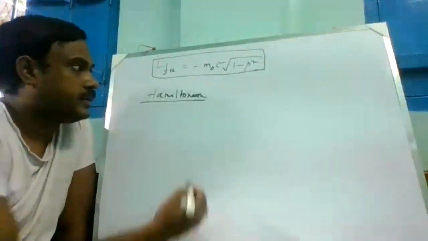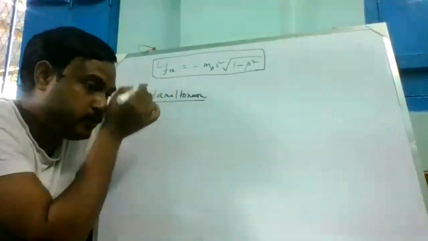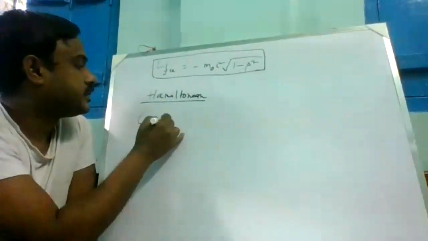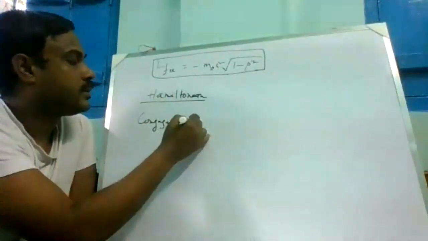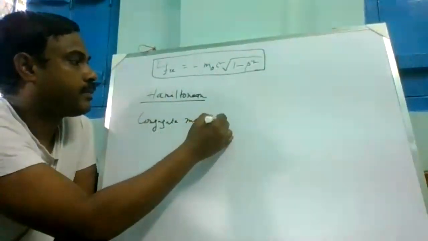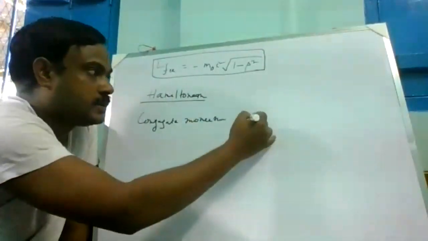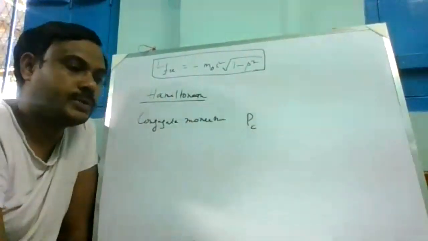Now we know the conjugate momentum. We call it Pc, the conjugate momentum.